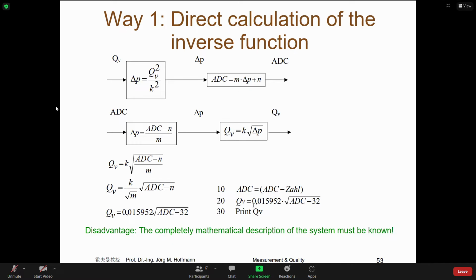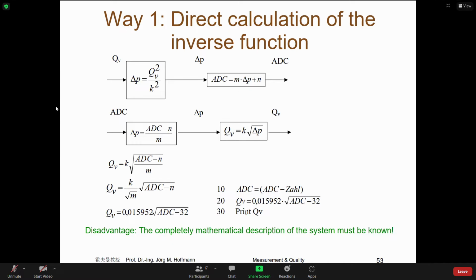The whole system must work exactly according to the theory. And that is in most cases not so. In most cases, you have additional non-linearities from the system.